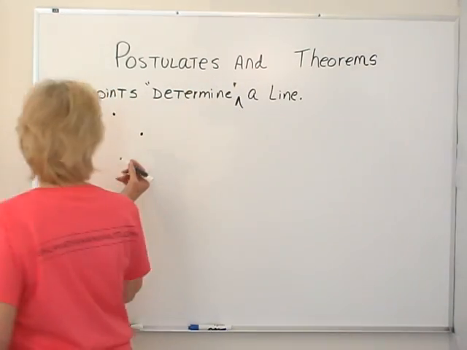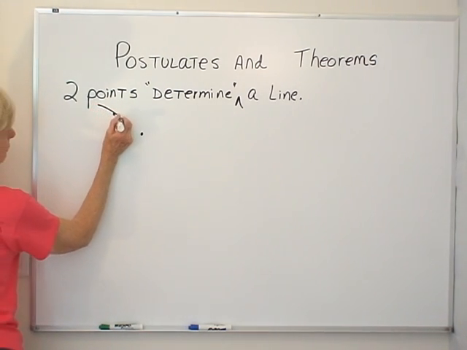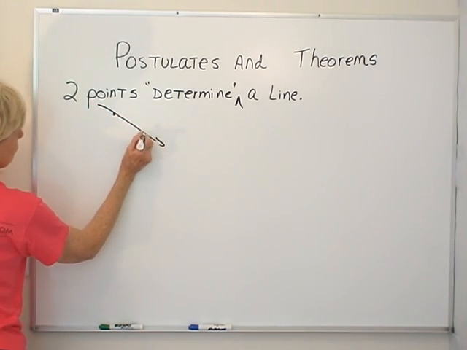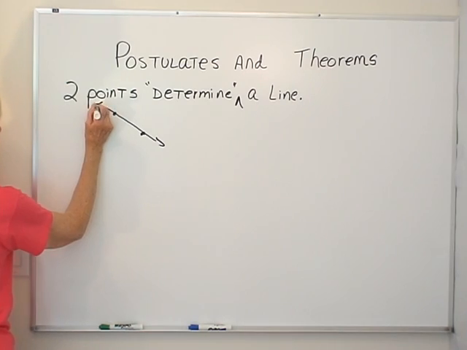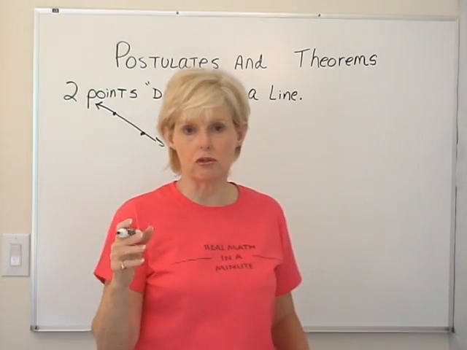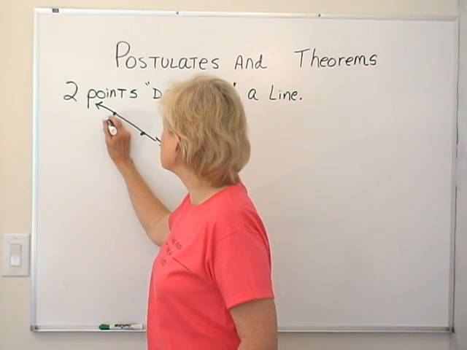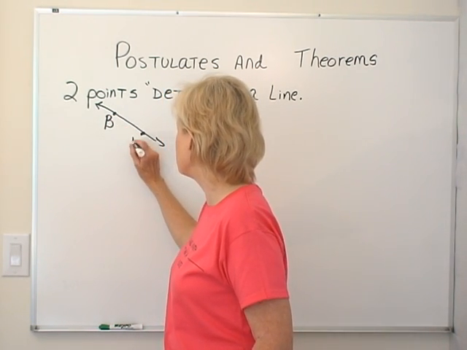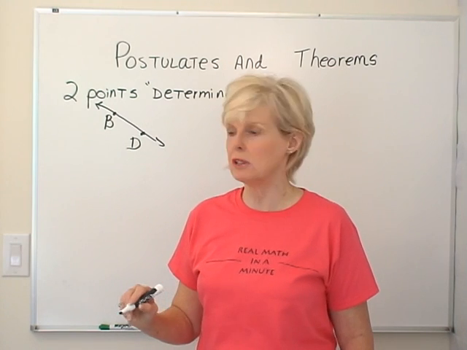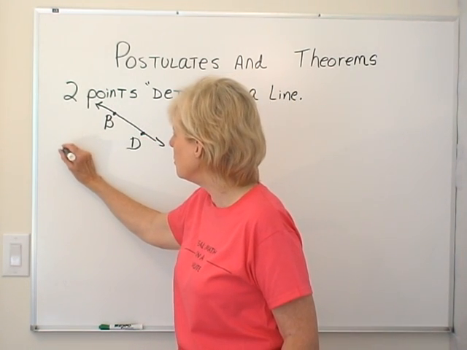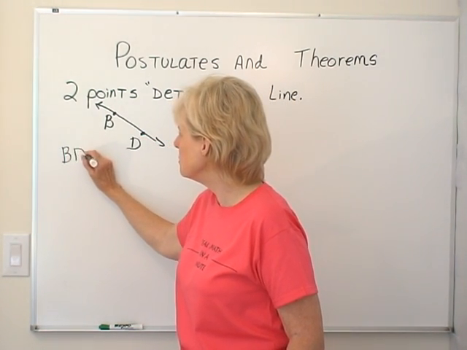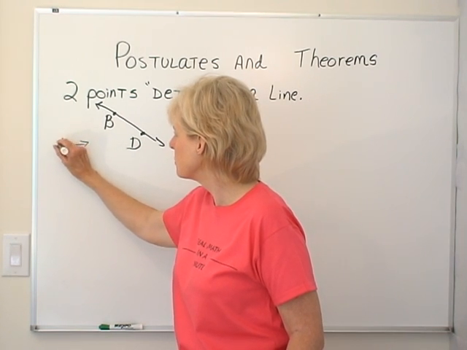So let's do it. So there's our line. And you know you name it with any 2 points, so we might as well use those 2 points. And we'll name this one capital B and this one capital D, because we could name them anything, and then that line would be called line BD. Okay?